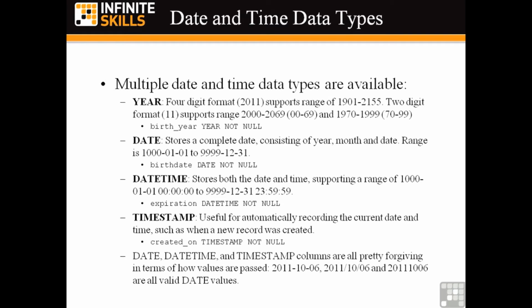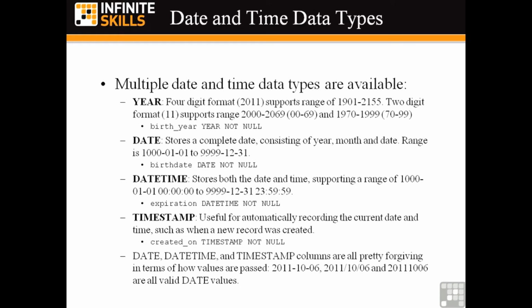So you can have dashes separating the year, the month, and the day, or slashes, or provided that the three pieces of data are all valid, you can eliminate the delimitation altogether. So that third one is 2011, 10/6. Now, if you tried to pass in 2011, 13/06, you'll receive an error, and MySQL will in fact not set that properly because 13, of course, is not a valid month index value.